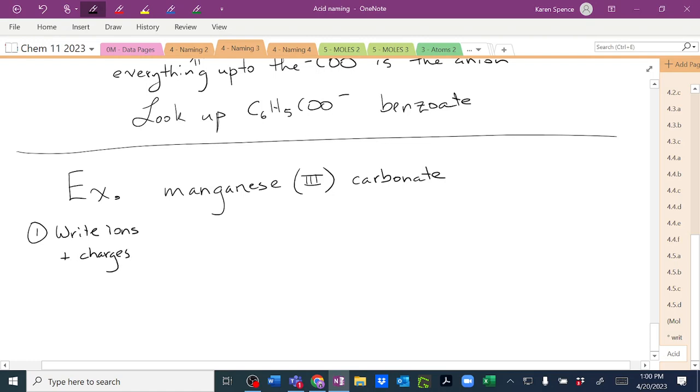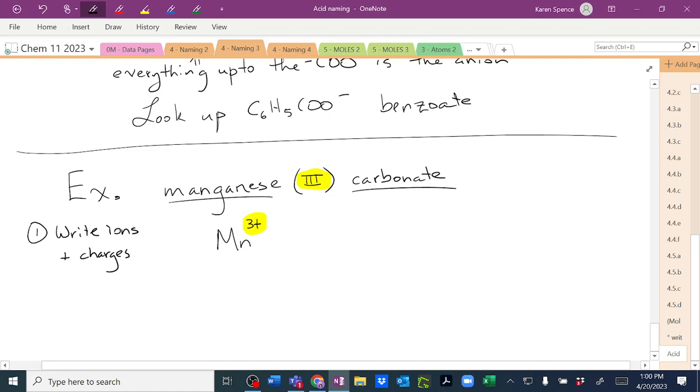It's actually just like going backwards from when we named compounds. So we're going to say I have manganese. Manganese is in the gray zone, so I do not know its charge. What is the charge of manganese here? It's 3 because that 3 tells me that I have a 3+ charge.